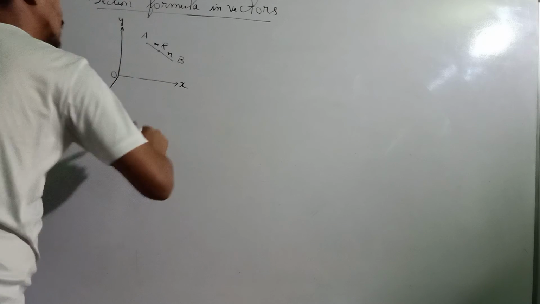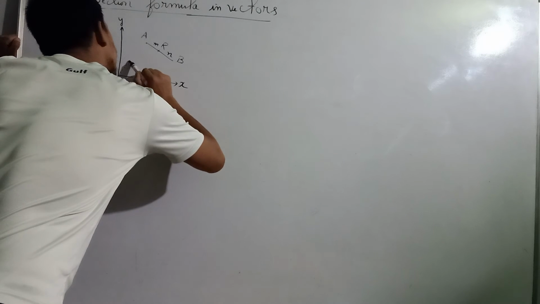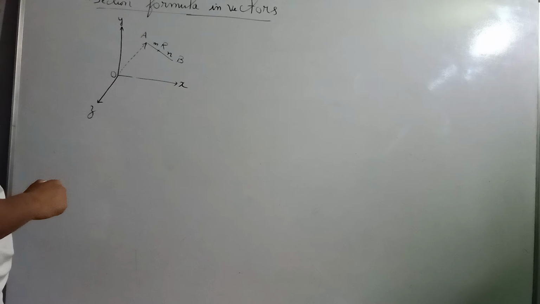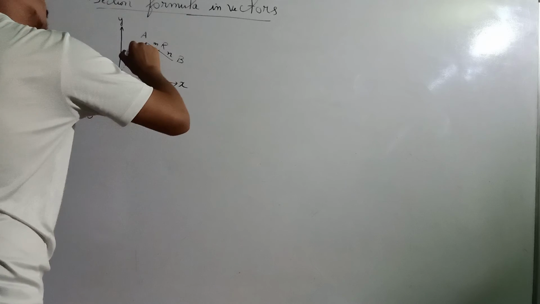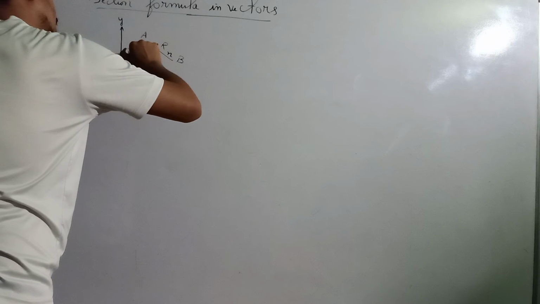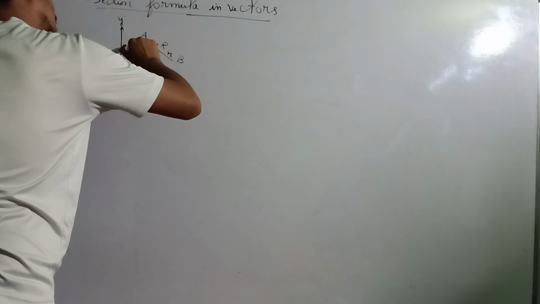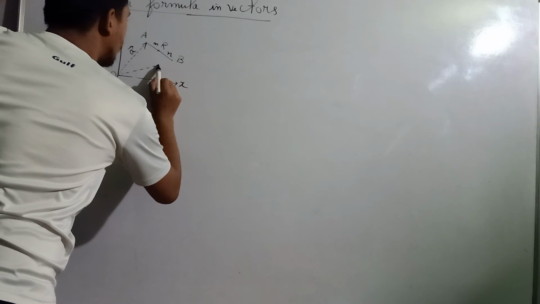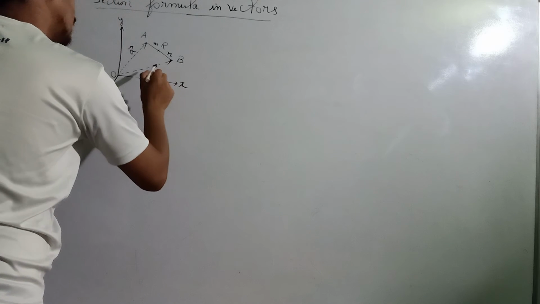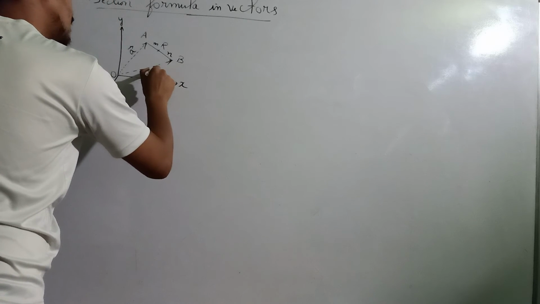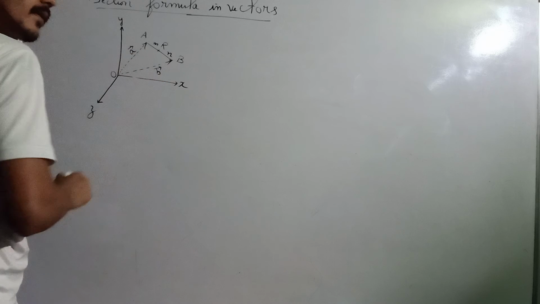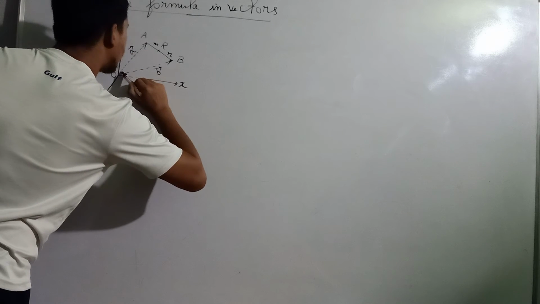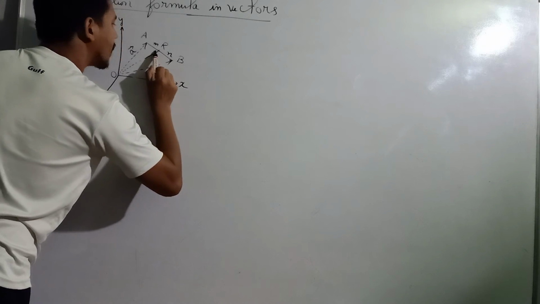Then what is this? Position vector of A, which I denote by vector A. This is the position vector of B, which I denote by vector B. Then we apply the section formula to determine the position vector.